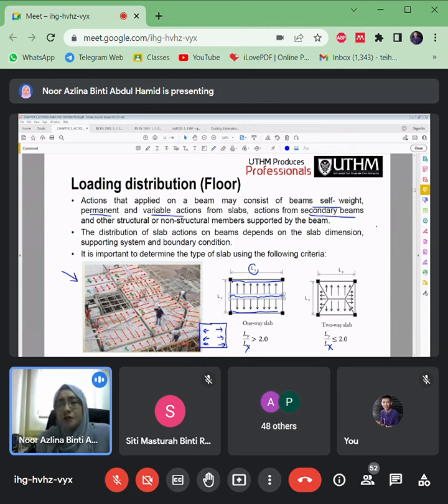So you can imagine one slab. Once we apply the load, there will be cracks along the long span. This is how we do the sketching, but you must ensure that there's a beam at this side, because the load of the slab will transfer to the beam.